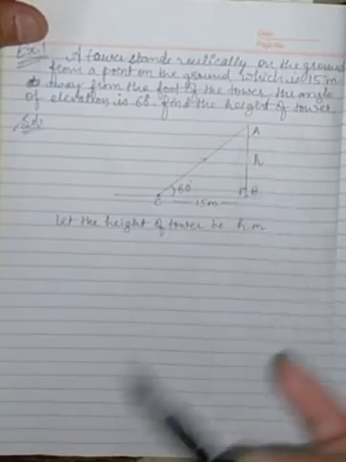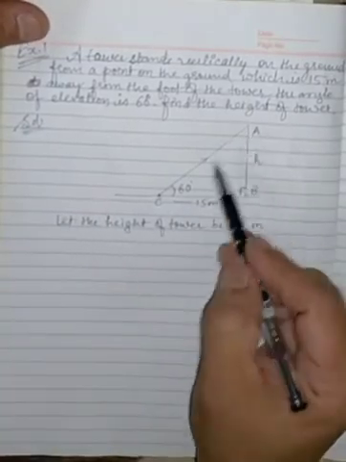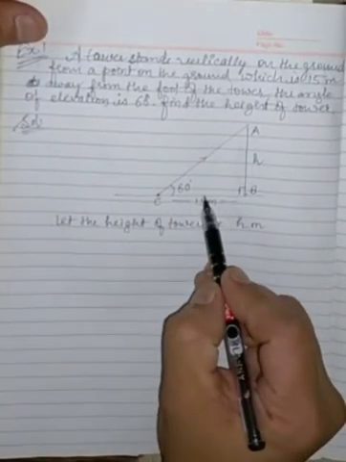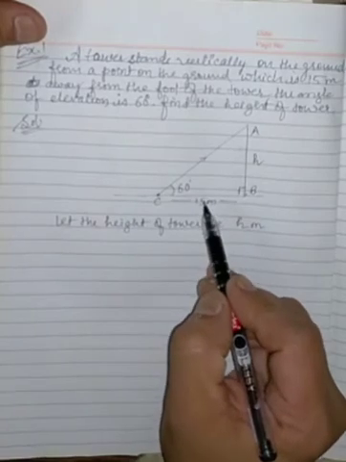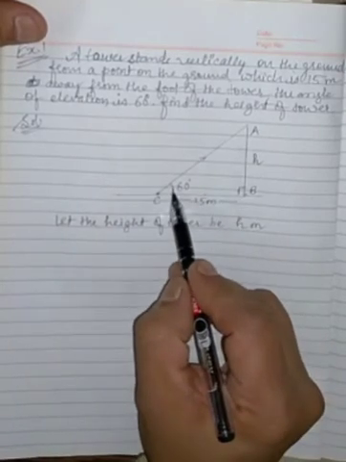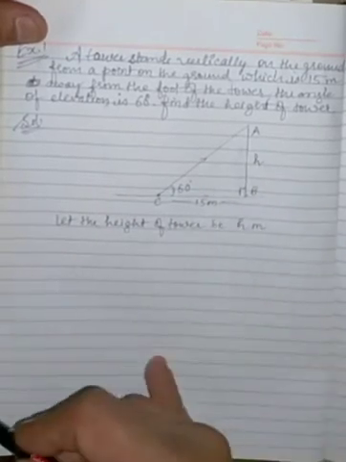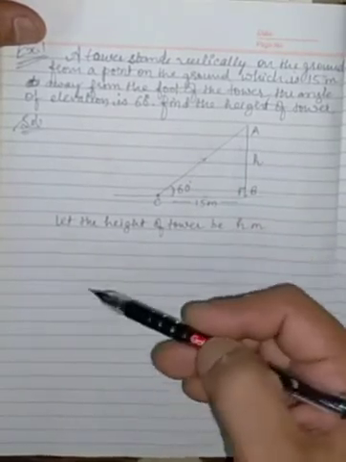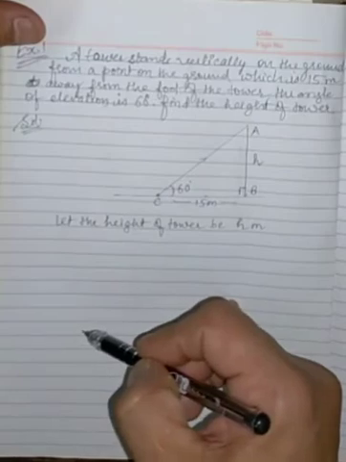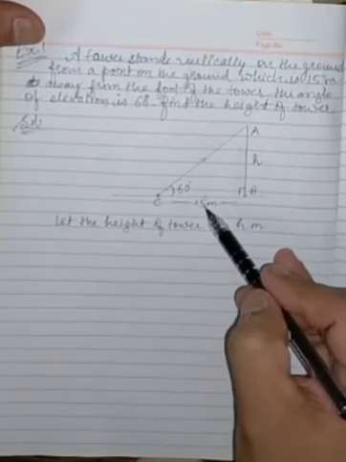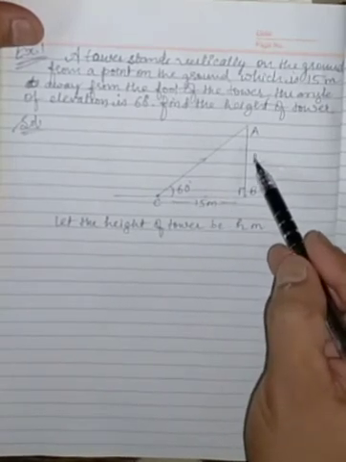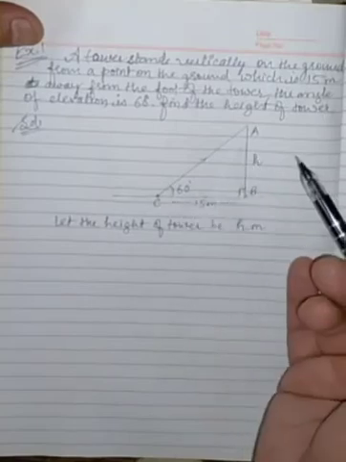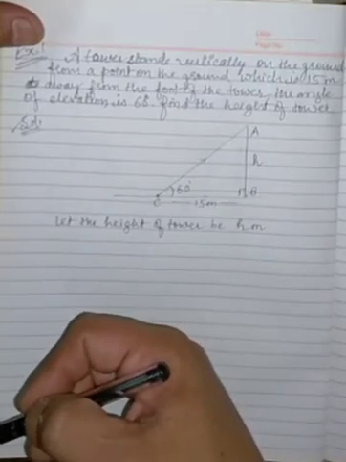Okay. Now, after drawing the figure, you have to see that out of three sides, which side is given, and with the support of the angle, which side we have to find out. This side, because base we are given. So we have to relate the base and the unknown side, which is the trigonometric ratios we have used in chapter number 8.